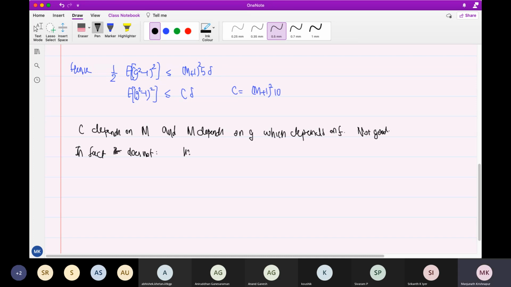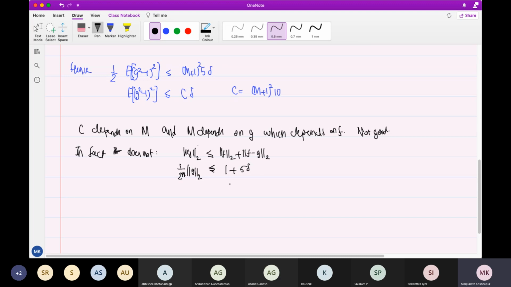what we know is that the L2 norm of G is bounded by the L2 norm of F plus the L2 norm of F minus G. Now, if I divide by 2 to the n, the L2 norm of G is bounded by 1 plus 5 delta.